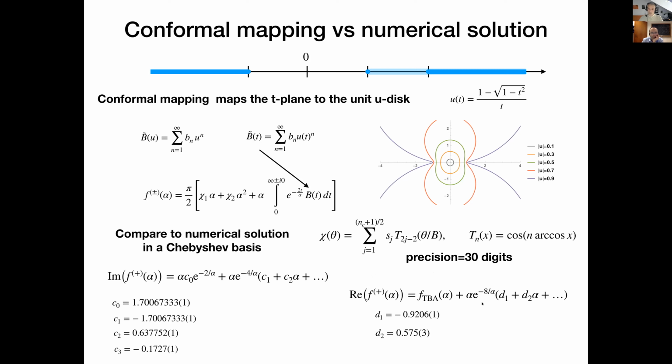And the deviation was exponentially small, even smaller: e to the minus 8 over alpha times an expansion. Just comparing to the numerics, we could also fit these coefficients, D1, D2, D3, and maybe even D4.